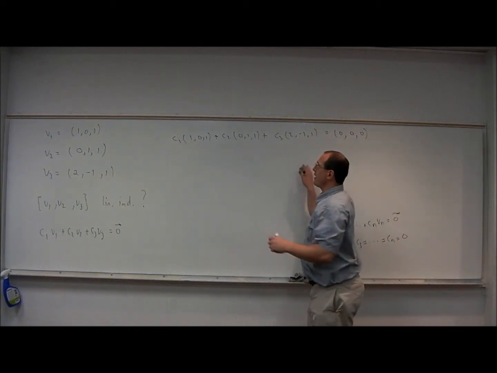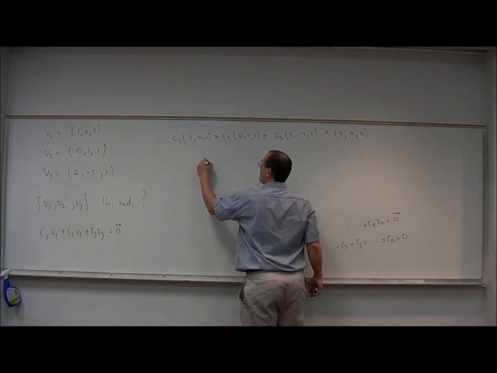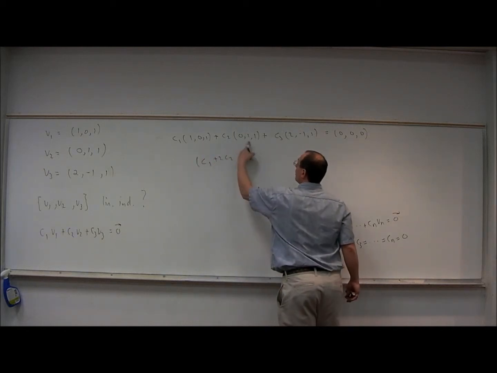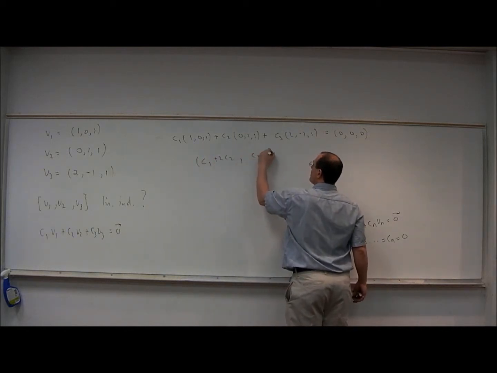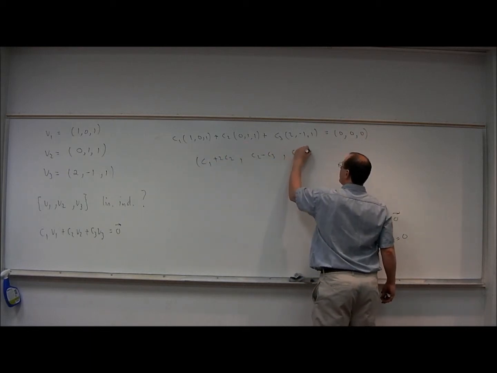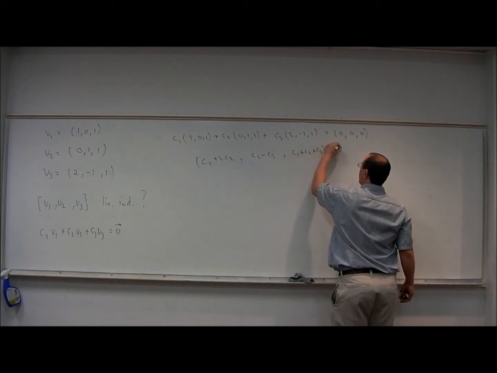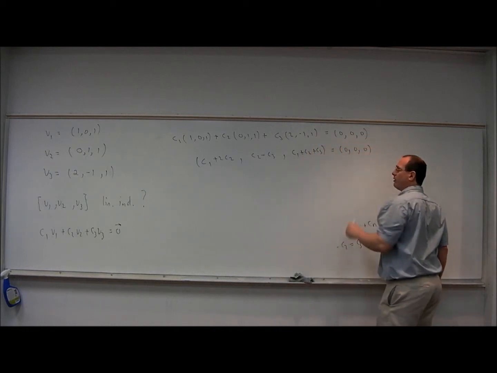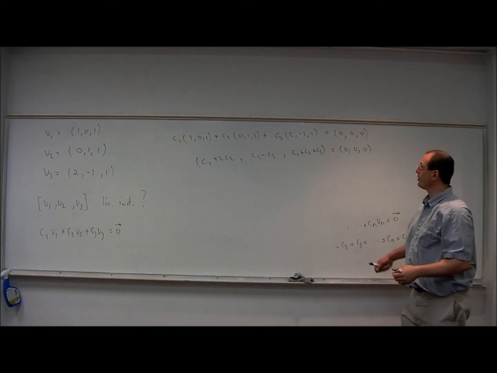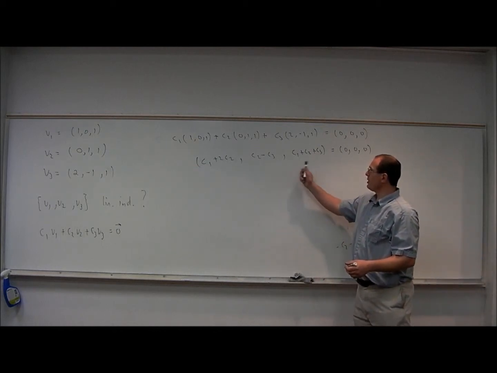Now we can add these vectors together. This is the same as c1 plus 2c2, c2 minus c3, c1 plus c2 plus c3 equals 0, 0, 0. And this gives us a system of 3 equations in the 3 unknowns, c1, c2, and c3.